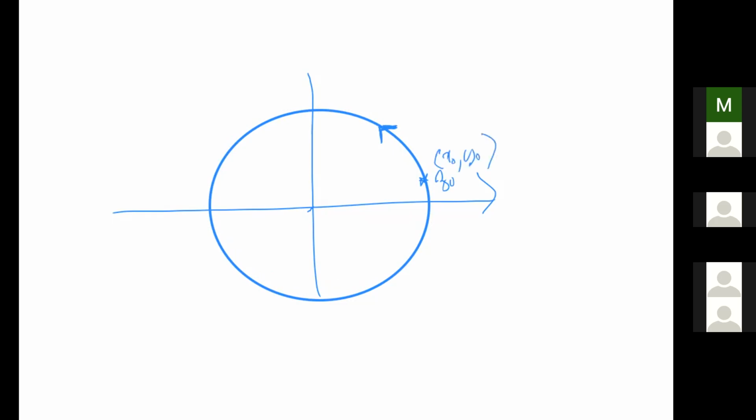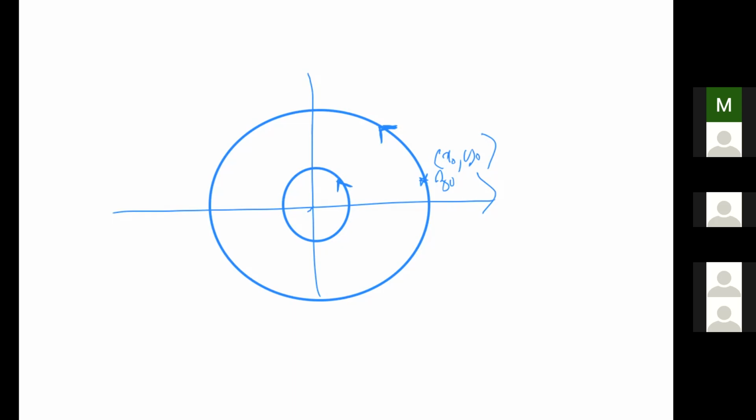If I pick up another initial condition, so those are the trajectories of my ODE in this case.